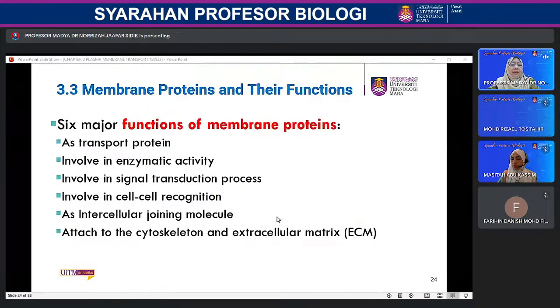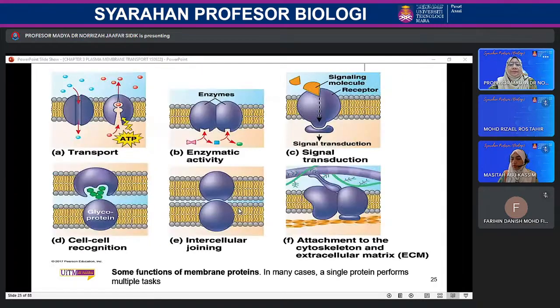Now I'll go into detail on the functions of the membrane proteins. Six major functions are listed here. The membrane protein acts as a transport.